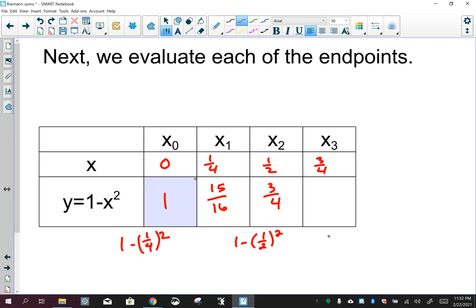And then we have 1 minus 3/4 squared. That's 16 again, so we have 16 over 16 minus 9 over 16. That's 7 over 16. So this is what the left endpoints are going to look like.